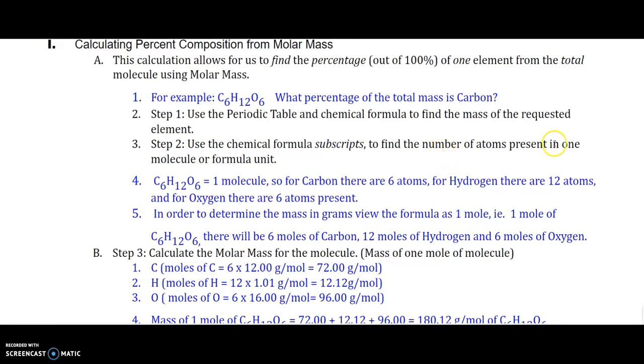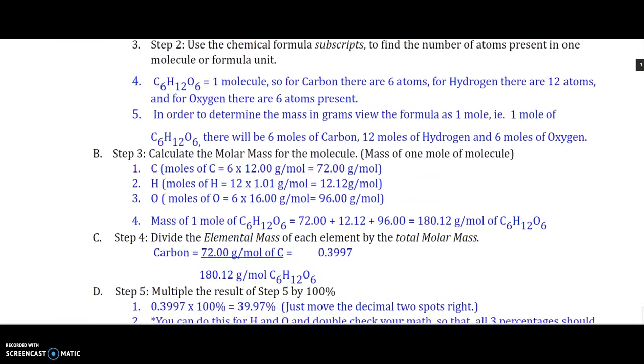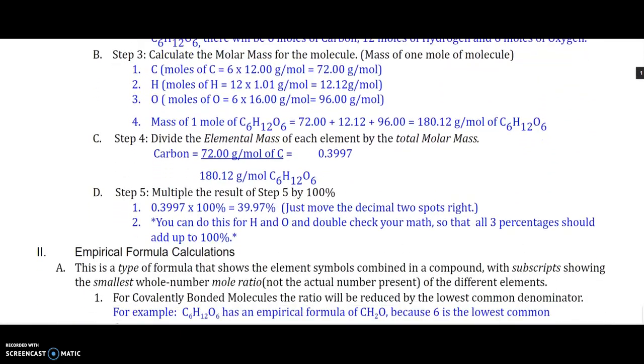So I get my 12, my 1.01, and my 16 from the periodic table in step 3. I multiply each one of those values by the subscripts. Then to get 1 mole of glucose, C6H12O6, I have to add each one of those mole amounts together to get the entire molar mass of the glucose compound in one molecule.